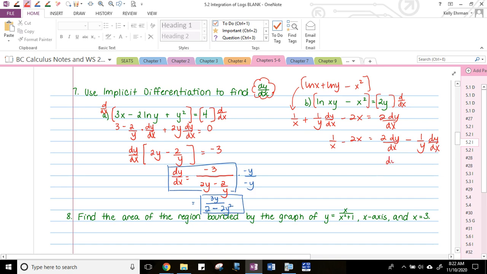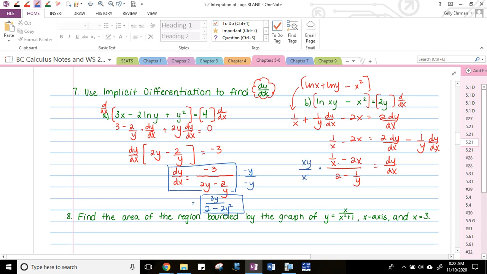If you factor a dy/dx out and then divide by that quantity, the complex fraction version is 1 over x minus 2x, over 2 minus 1 over y. Again, if it's free response, you can leave it like that. If it's multiple choice, you might be searching for your answer. To get rid of the complex fraction, the common denominator across the entire complex fraction is xy.